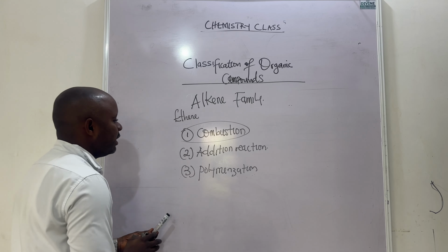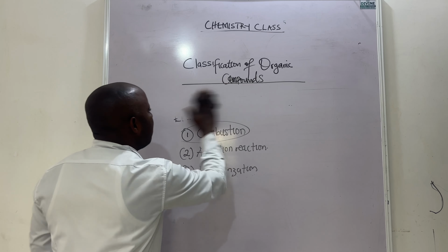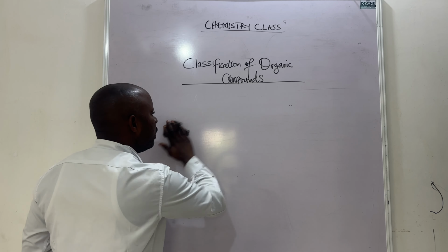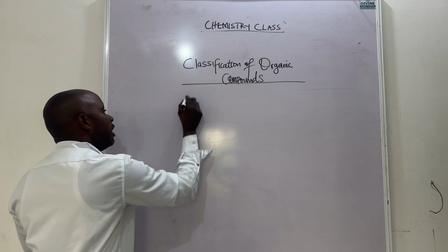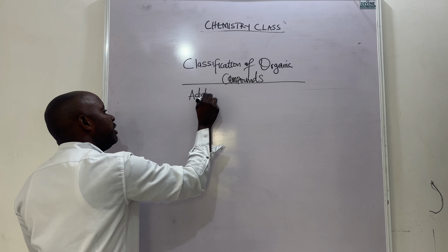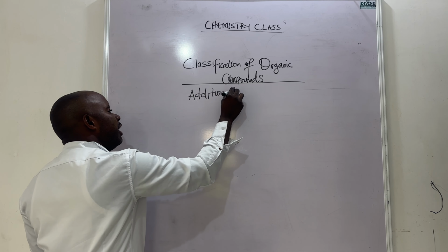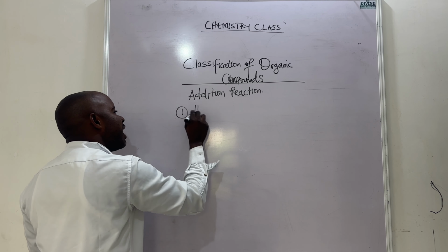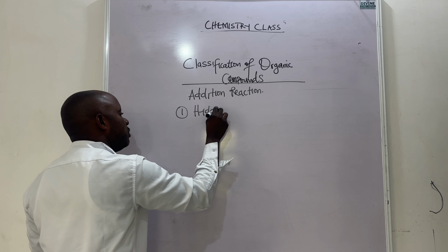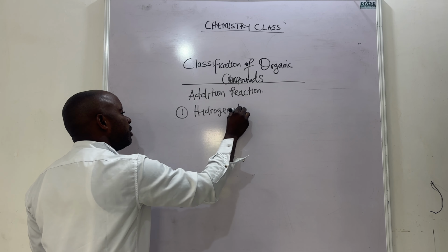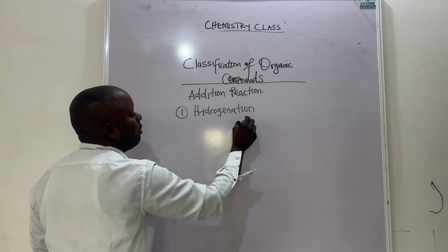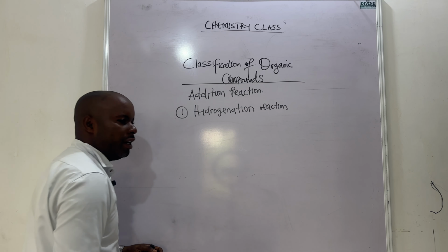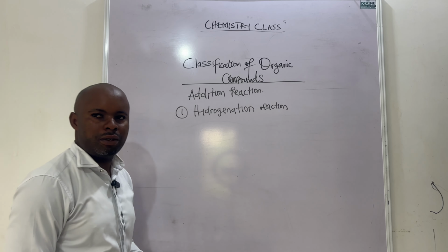So let's talk more about this addition reaction. Addition reaction of this double bond family. One of them undergoes what is known as hydrogenation. Hydrogenation reaction is when hydrogen is added to a given compound, in the presence of a catalyst. We can use nickel, we can use platinum.